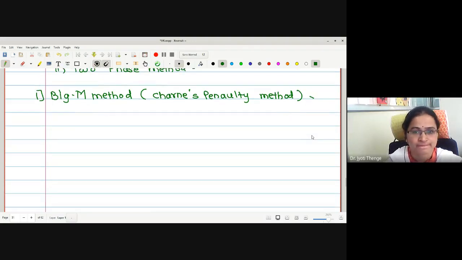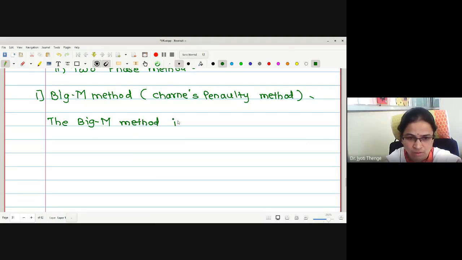Okay, let us write this method. The Big M method is used for solving LPP involving artificial variable.